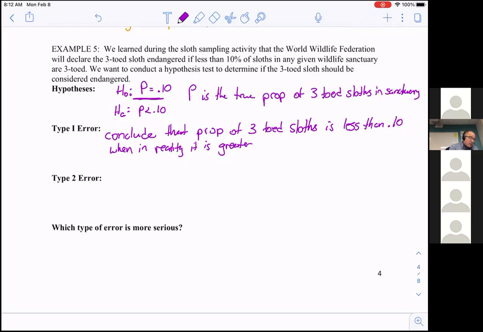So on a type 2 error, then we're going to conclude that the proportion of three-toed sloths is 10% or greater when it's not.